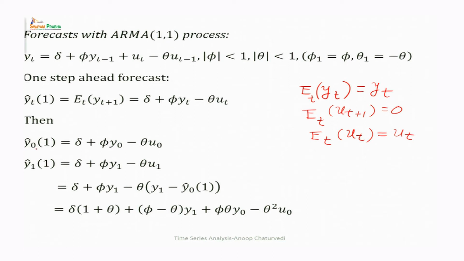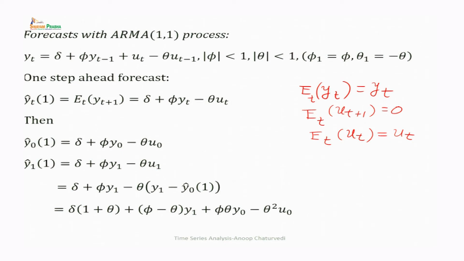So, y hat_0(1) is equal to delta plus phi y_0 minus theta u_0. Y hat_1(1) is equal to delta plus phi y_1 minus theta u_1.